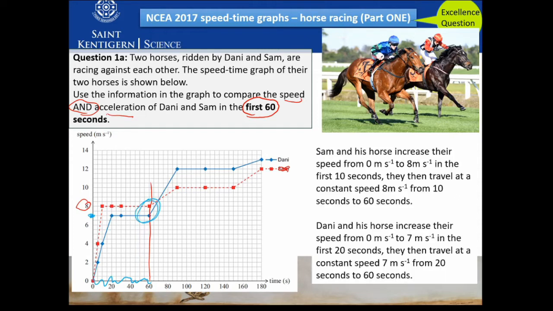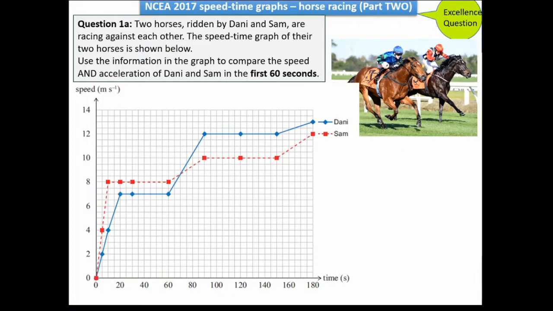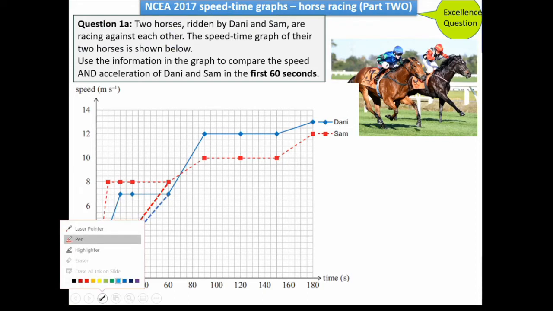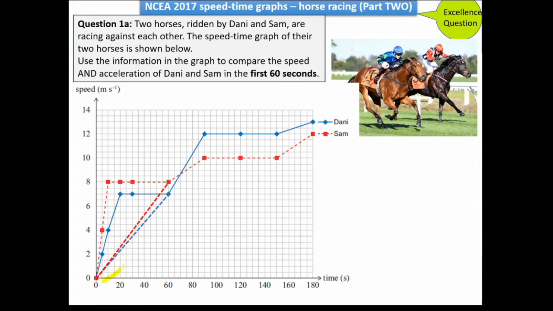So we've already talked about the speed there. When we look at the acceleration itself, we are looking at the 60-second mark. Now with that, we can then calculate the acceleration.